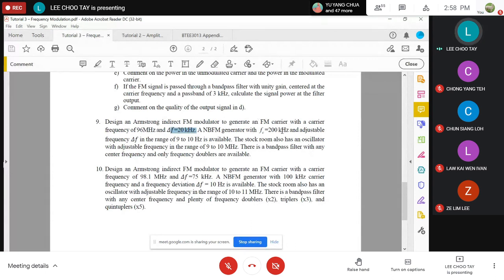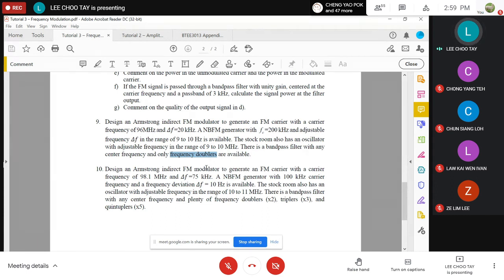You have a narrowband FM generator with a carrier frequency of 200 kilohertz and adjustable delta F. The difficulty is you need to find the correct delta F for the narrowband FM generator. The oscillator frequency is somewhere between 9 and 10 megahertz, the bandpass filter has any center frequency, and only frequency doublers are available. So you can only use frequency doublers here.